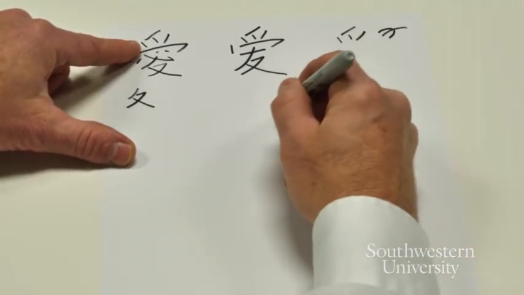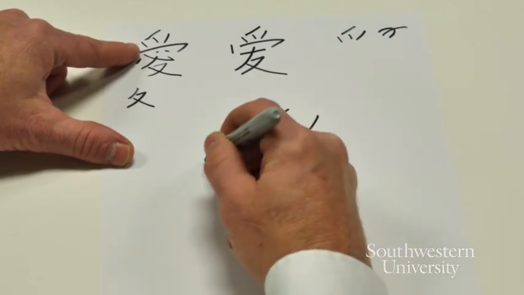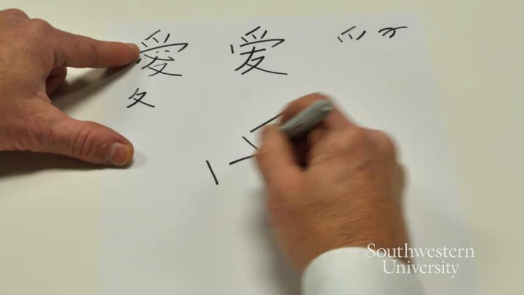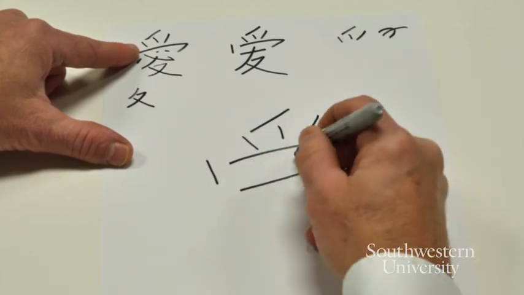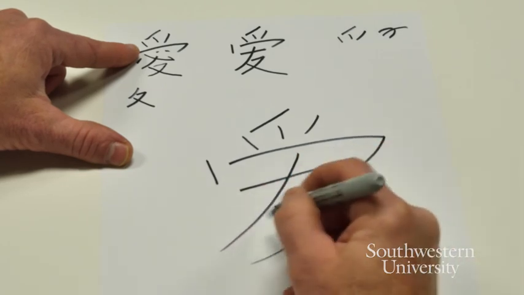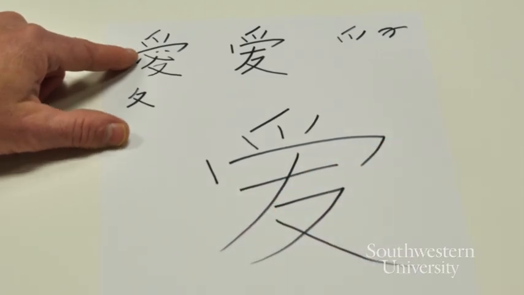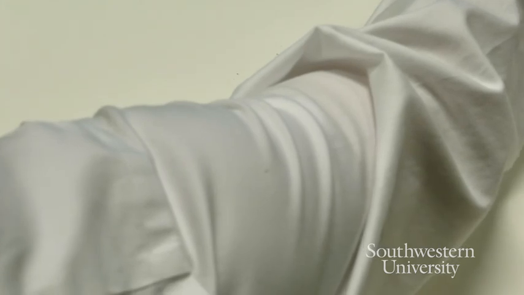So here we go. Pie, dian, dian, dian, dian, hung, go, and then hung, pie, hung, pie, na, ai. End of lesson 6.